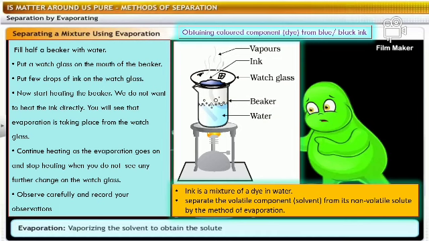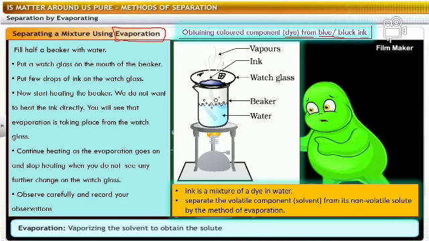Next method is evaporation. Evaporation is the conversion of liquid into vapor without reaching its boiling point. In this video, we will discuss about the separation of colored component of a dye from blue and black ink.